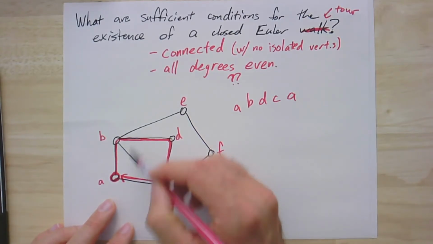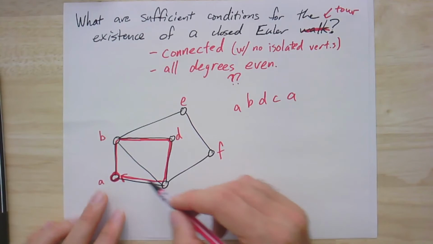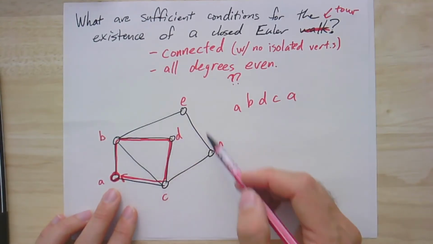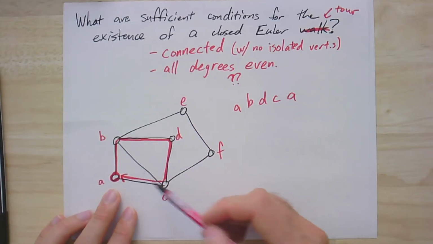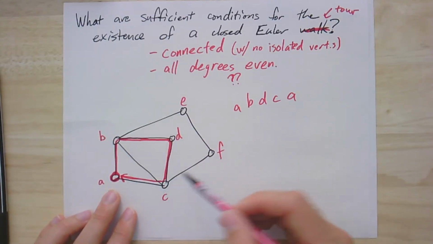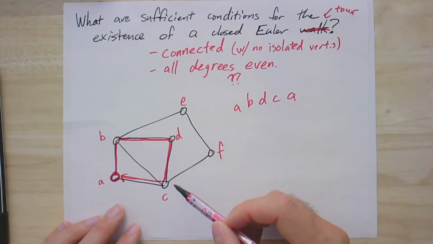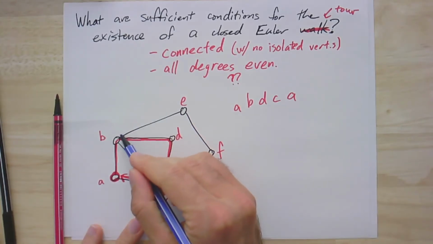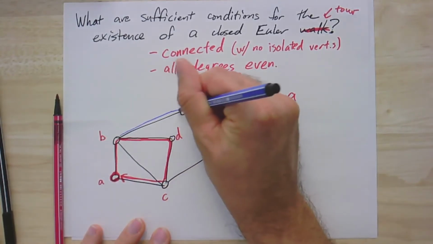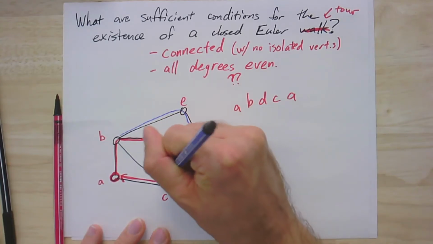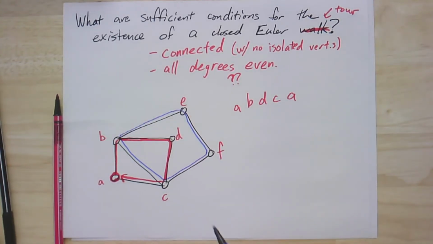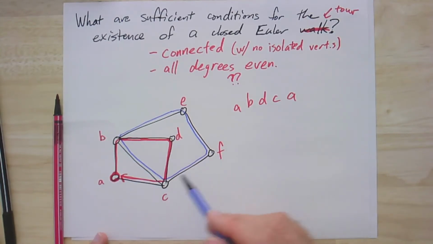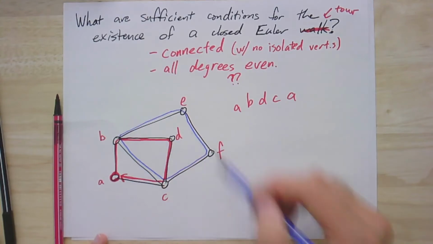On the other hand, I know that the remaining degrees, if I look at the edges that have not been used, and I take this subgraph induced on those edges, I get still a graph with all even degrees. So now let me draw in a separate color. I could start from one of those vertices and try again to be greedy. And now I've covered all the edges, but I didn't have one tour, I had 2 tours.